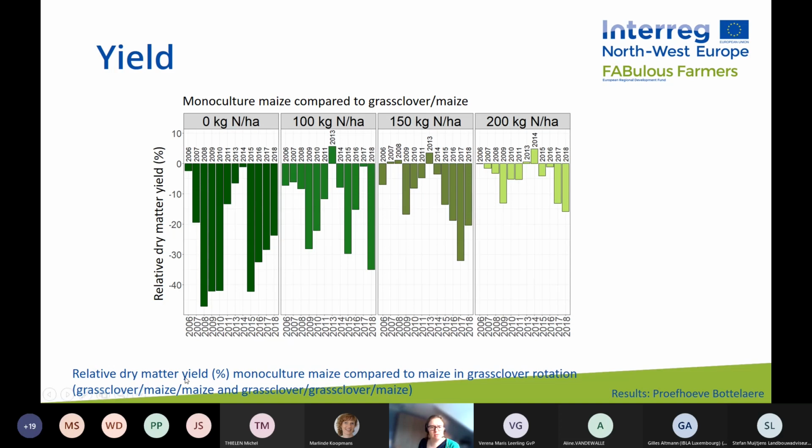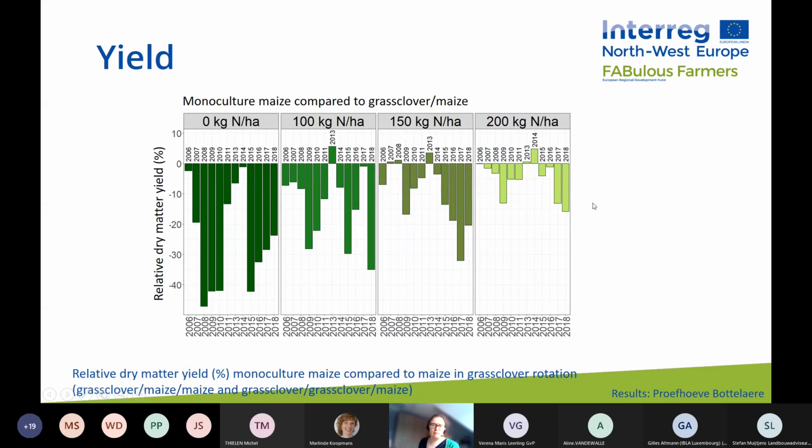It is an average of both grass clover then maize and 2 years of grass clover and then maize. So when there was grass clover in this rotation. And then you see that certainly when you don't use a nitrogen fertilizer, the difference is very big, and it becomes less when you use more and more nitrogen fertilizer.